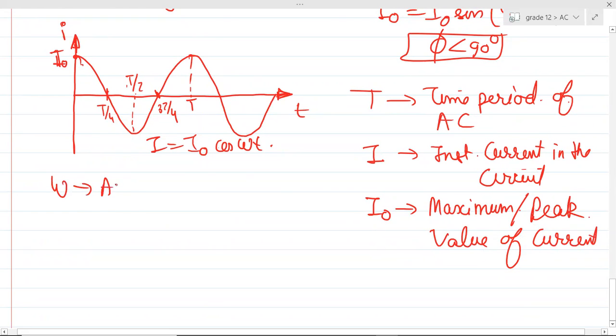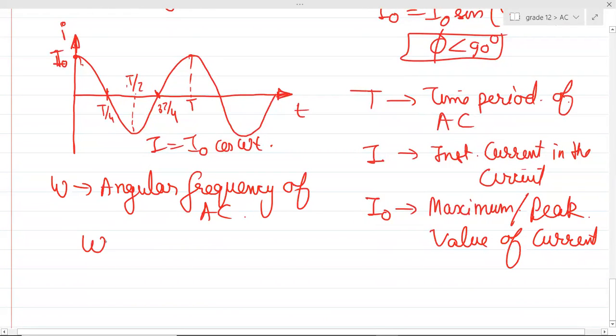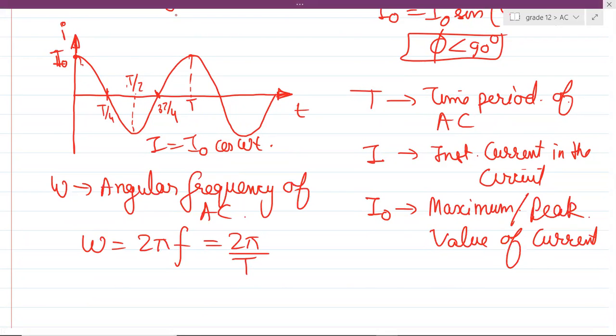Omega is called the angular frequency of AC. What is angular frequency? Angular frequency is 2 pi times the normal frequency, or equals 2 pi by T. This is the relationship between angular frequency and frequency.